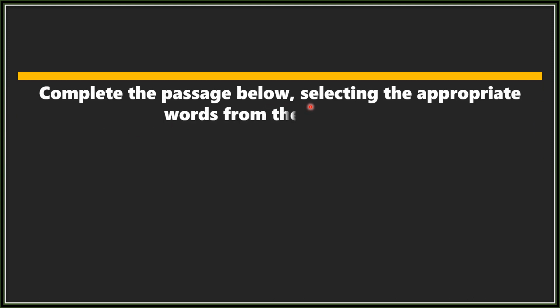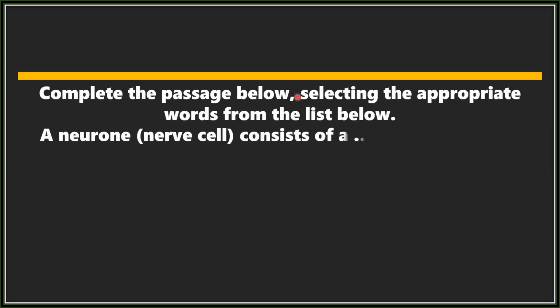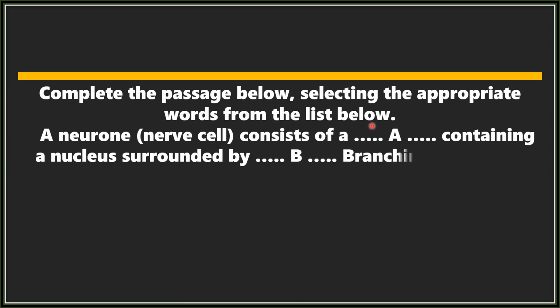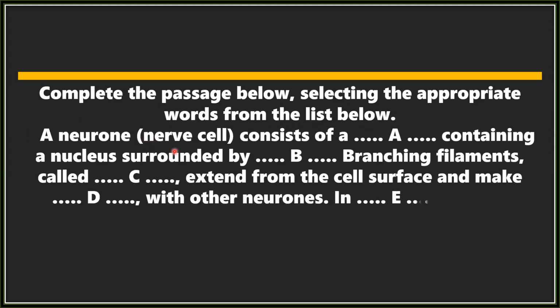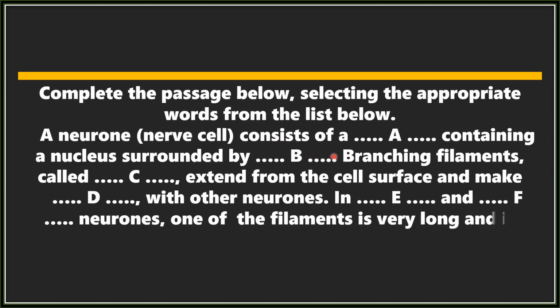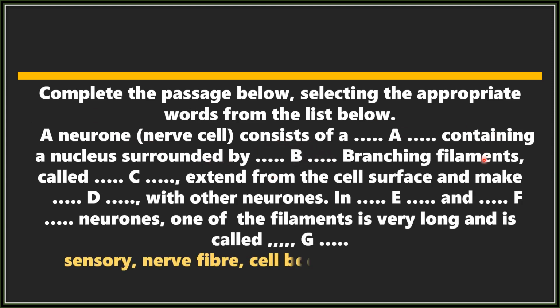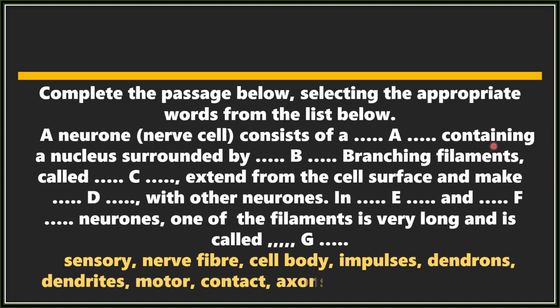Complete the passage below, selecting the appropriate words from the list below. A neuron, that is a nerve cell, consists of a dash containing a nucleus surrounded by a dash. Branching filaments called the dash extend from the cell surface and make a dash with other neurons.